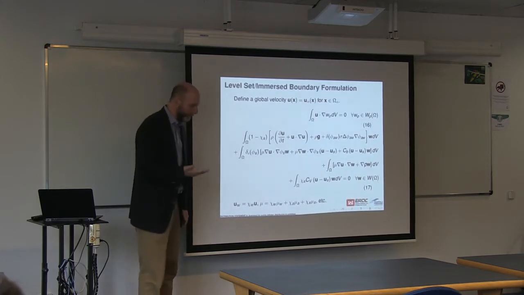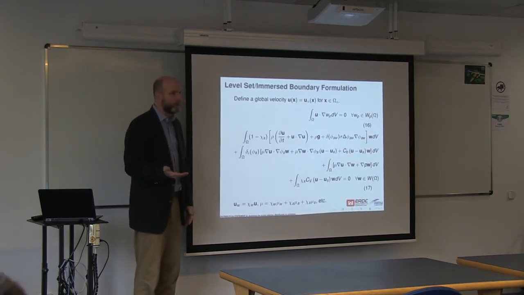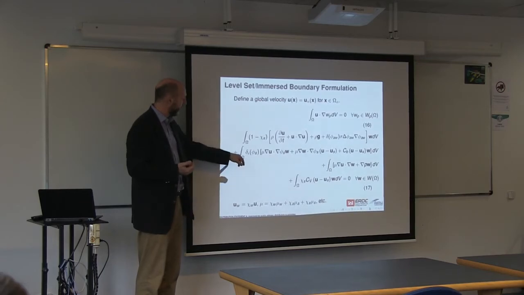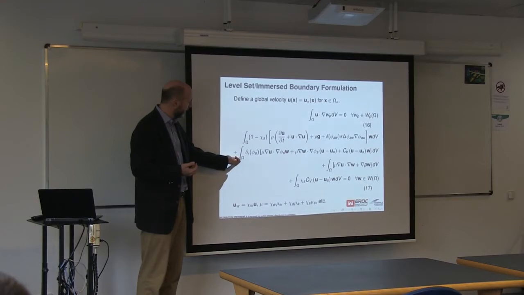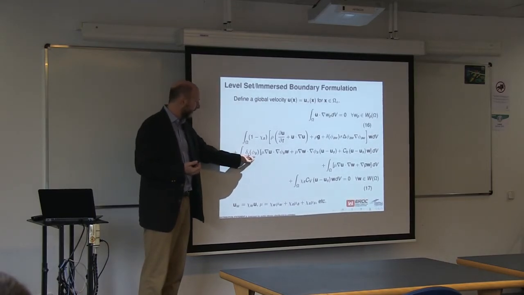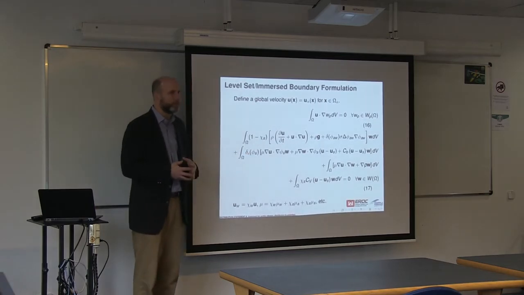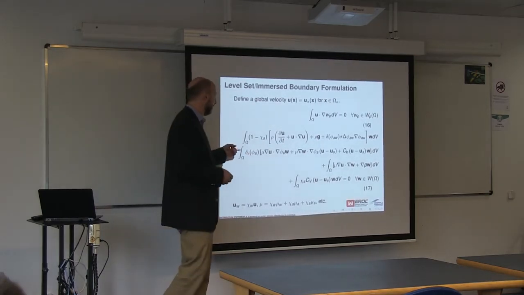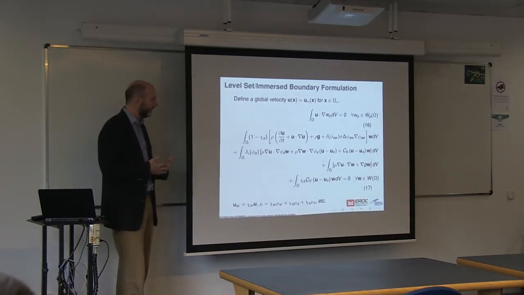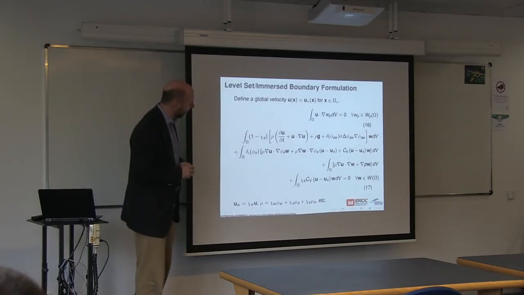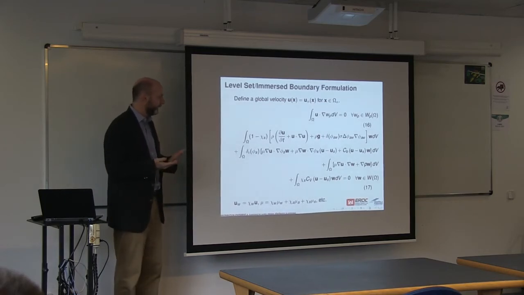The thing that we don't do that many immersed and embedded methods use is that we don't do boundary integration. Instead, we use another trick from the level set community where we convert a boundary integral to a volume integral by multiplying by the Dirac delta function. In this case, it's the smoothed Dirac delta function of the signed distance field. And so this gives us weak imposition of the no-slip condition at the solid phase. And the reason we started doing this initially was that if you were going to enforce these boundary conditions using boundary integrals, you would actually have to subdivide some of your cells in a cut cell type approach.